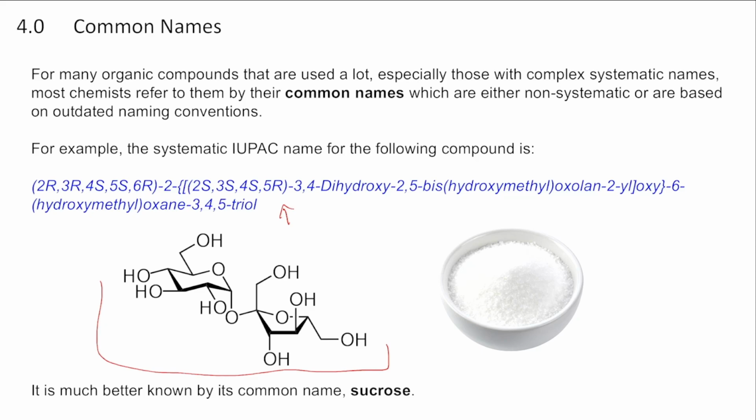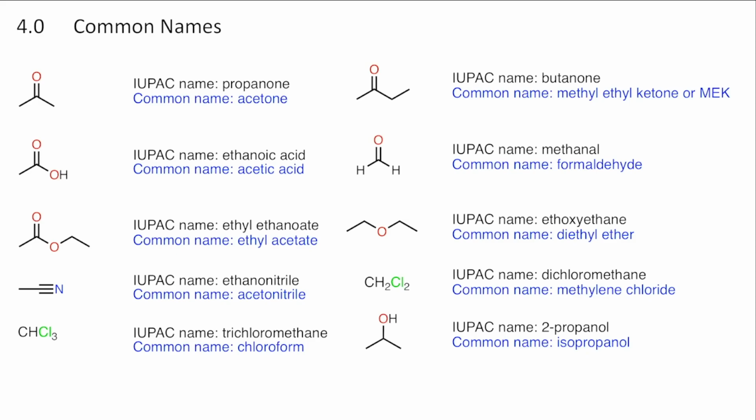Sometimes it's habit, sometimes it's because it's much more convenient. On the next slide, what we have here is a list of what I would consider 10 very commonly used compounds in the lab that go by names that are typically not the IUPAC name.